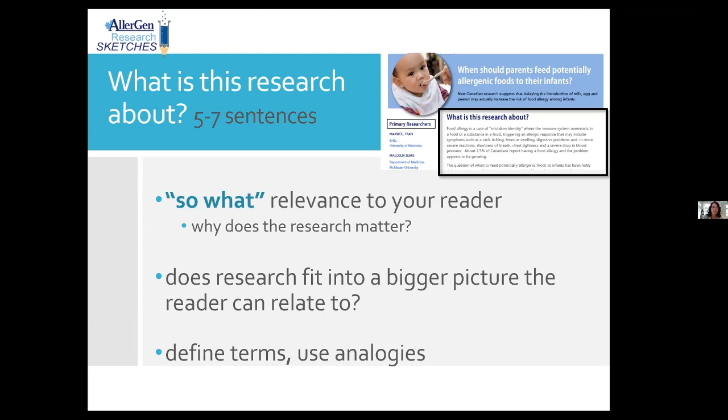If it helps to tell your story, explain how your research fits into the bigger picture. Include any background information that's important for your reader to know in order to understand your story. If context is not needed, then leave it out. And this section is also a good place to define any terms, any acronyms, and to introduce any analogies.